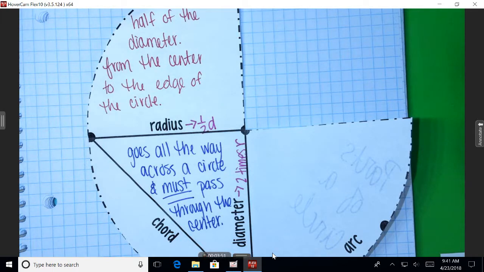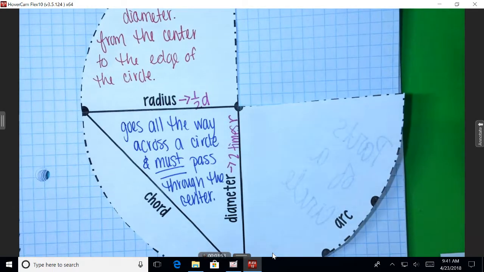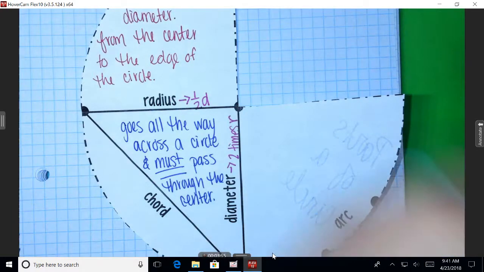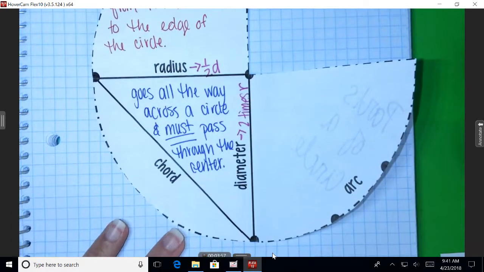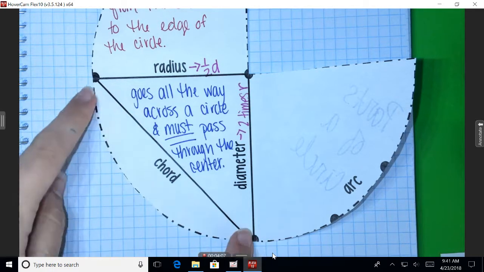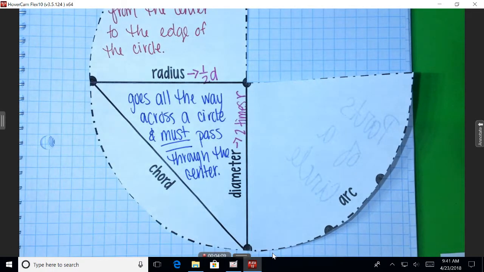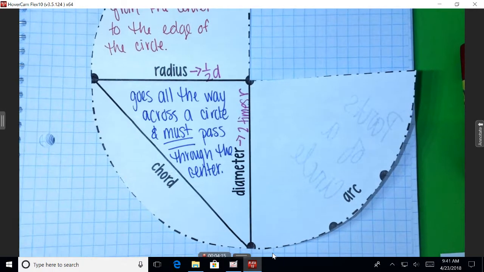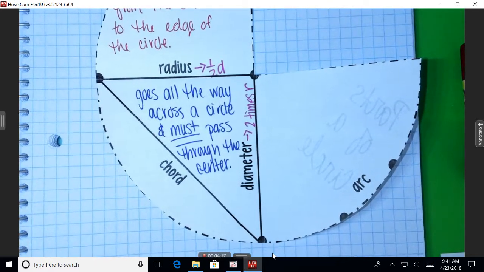All right, looking at this picture, what is a chord? Does it pass through the center? No. Does it touch two sides of the circle? Yes. Okay, so it is a segment that does not pass through the center but touches two sides of the circle.